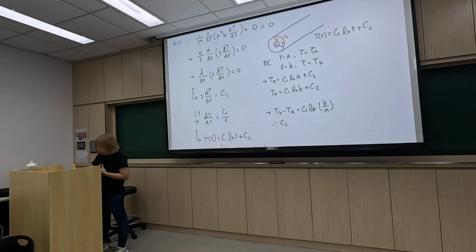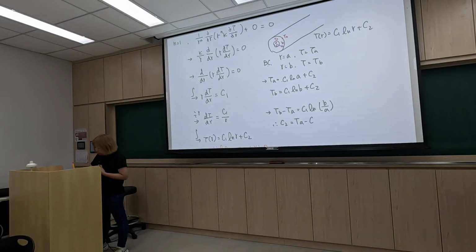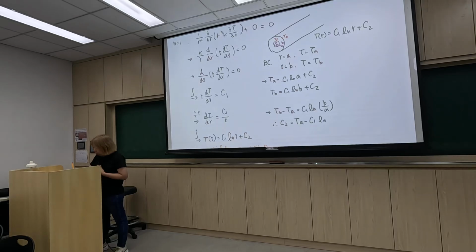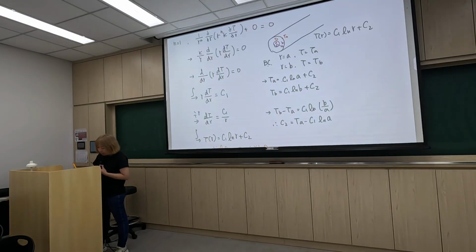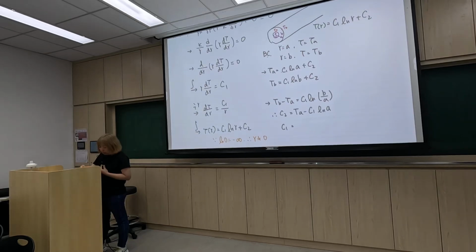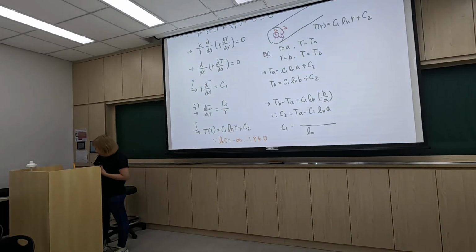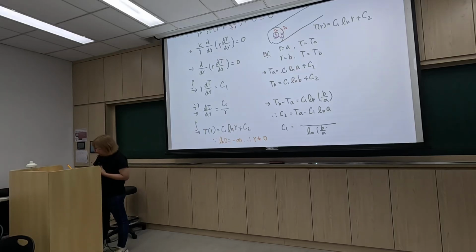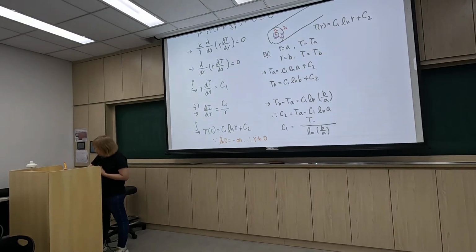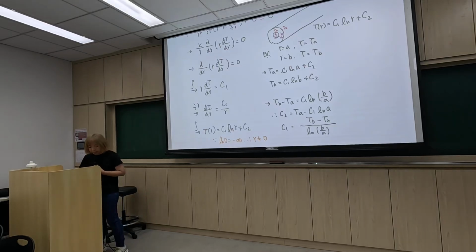And the C2, we will know it is TA minus C1 ln A. Then C1 will equal to (TB minus TA) over ln(B/A).